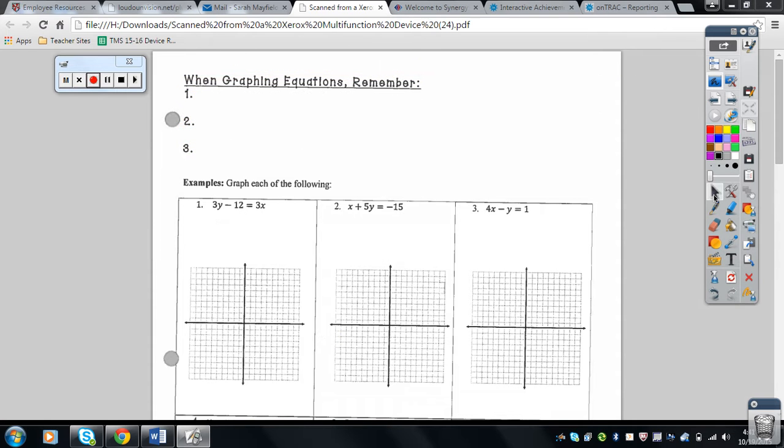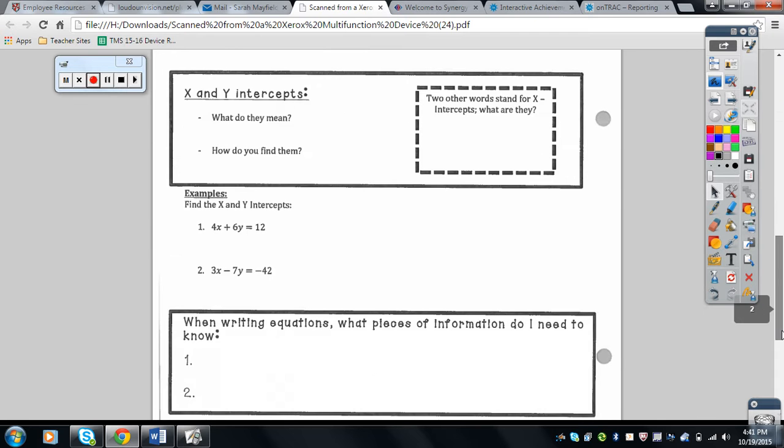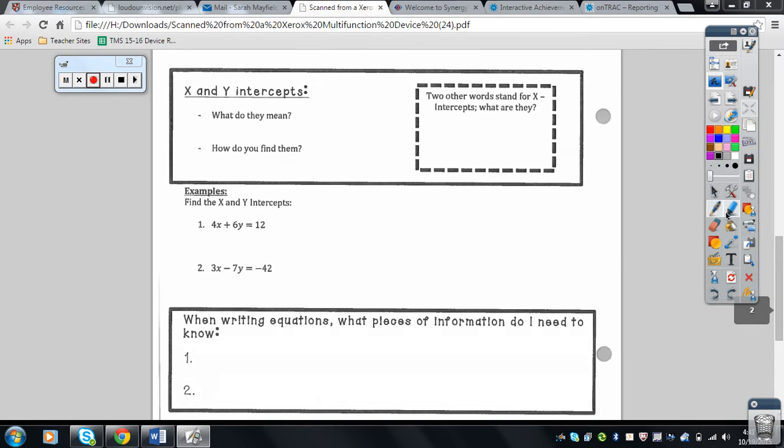So alright, let's now look at x and y intercepts. If you have a highlighter, I want you to go ahead and highlight everything just like we would in class. Okay? I want you to highlight this outside box too. Okay. X and y intercepts, what do they mean?